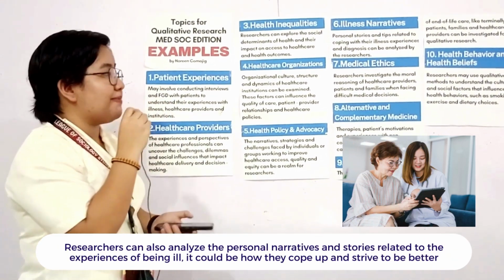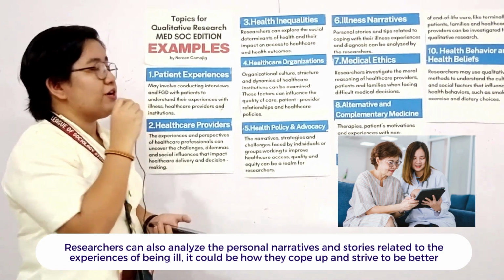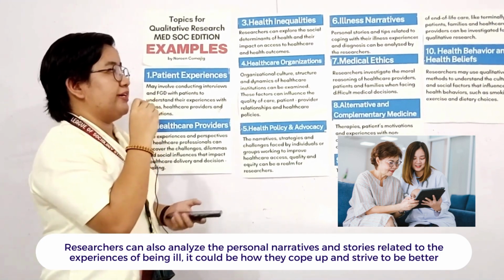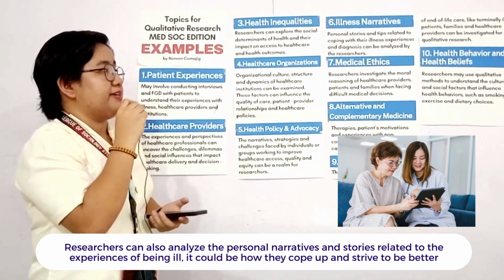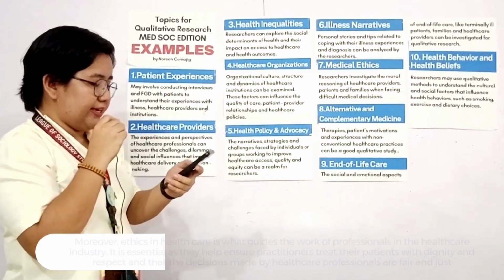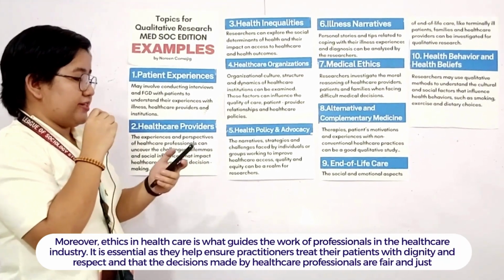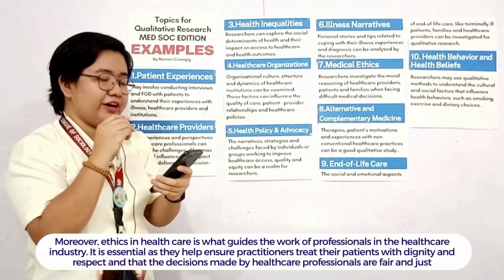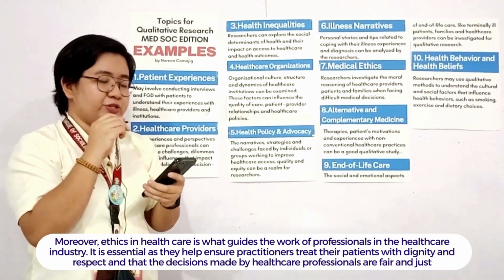These are all about the personal stories and tips related to coping with their illness experiences and diagnosis that can be analyzed by the researchers. Seven is medical ethics. Ethical dilemmas in healthcare are explored through qualitative research.